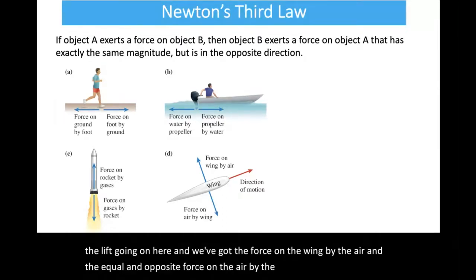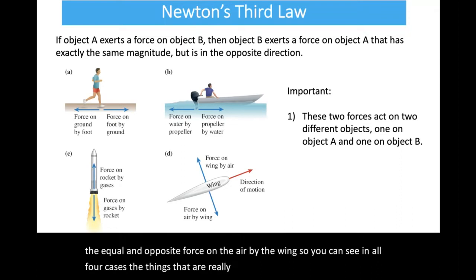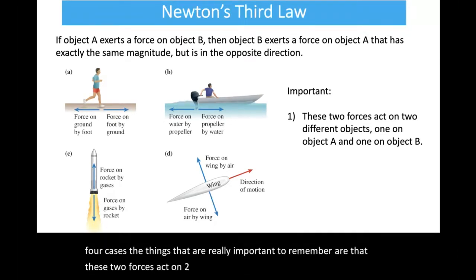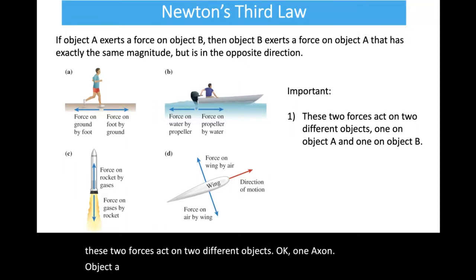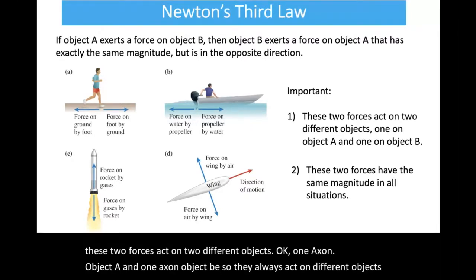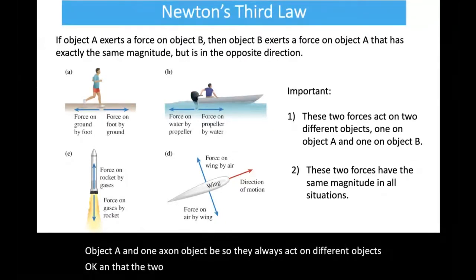So you can see in all four cases, the things that are really important to remember are that these two forces act on two different objects. One acts on object A and one acts on object B. So they always act on different objects. And the two forces have the same magnitude in all situations.